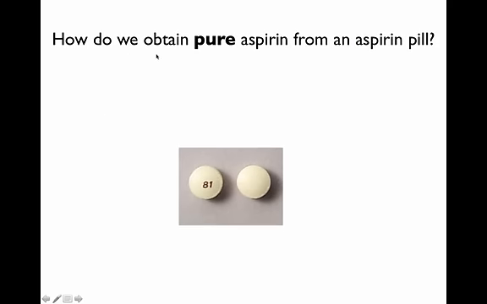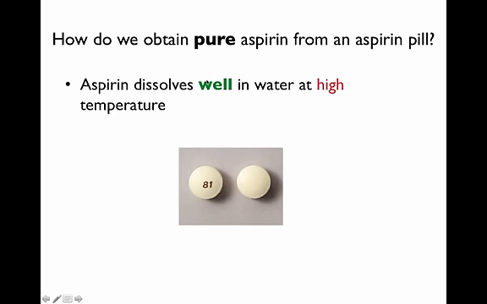So how are we actually going to obtain purified aspirin from aspirin pills? Well, the background information that you need to know is that aspirin dissolves well in water. It will dissolve in water pretty much completely, this 4 pills of aspirin, at very high temperatures.